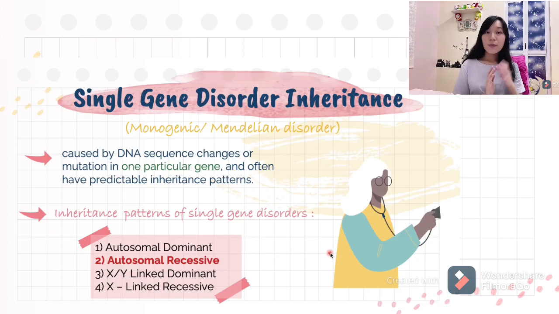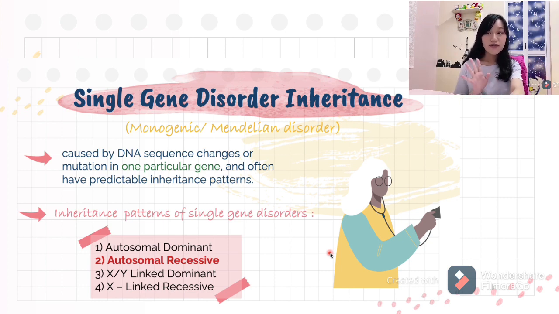As we know, beta thalassemia major is a type of thalassemia which is caused by a genetic disorder, and there are 5 types of genetic disorder: single gene disorder, chromosome abnormalities, multifactorial disorder, acquired somatic disorder, and mitochondrial disorder.